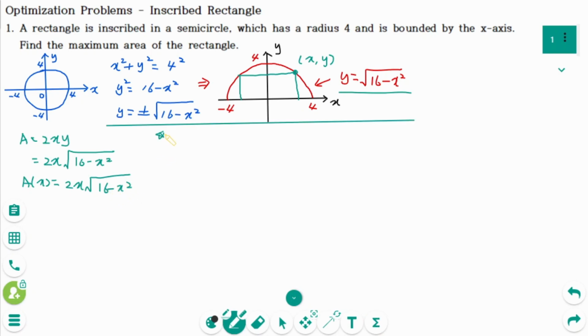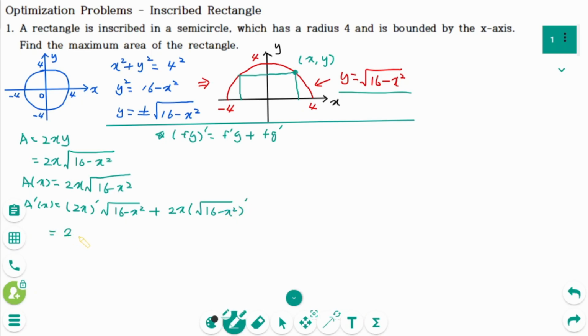Use the product rule: (fg)' equals f' g plus f g'. Then A prime of x equals (2x)' times square root of 16 minus x squared plus 2x times (square root of 16 minus x squared)'.